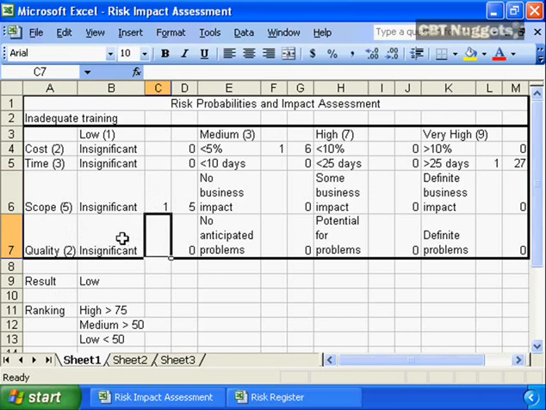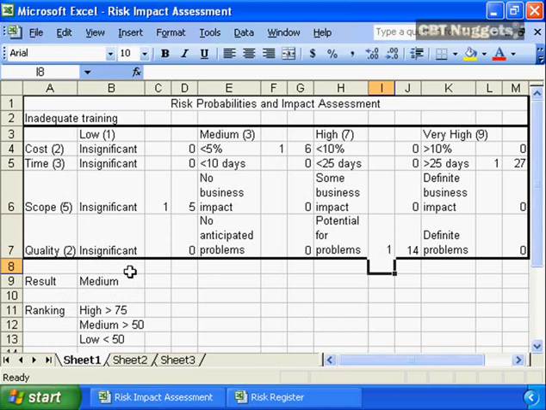There's certainly going to be an impact related to quality because they're going to be delivering poor code. So is there a potential for problems, or is there going to be definite problems? It's going to be one of the two, and in this case, although the inadequate training is going to result in poorer code, it's probably not going to significantly impact the total project delivery environment. So we put a 1 in there, and now we see the total risk impact for the project.